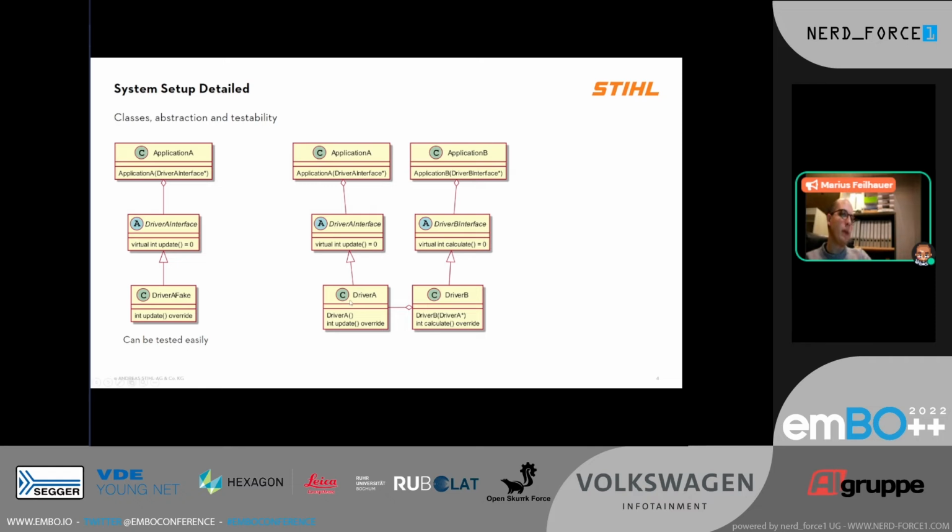But wherever it's performance critical, we can declare driver A as a final class implementation of the driver A interface. Driver B gets that dependency. And it turned out that the compiler was able to optimize those virtual function calls away, to devirtualize them, which gained us quite some performance benefits.